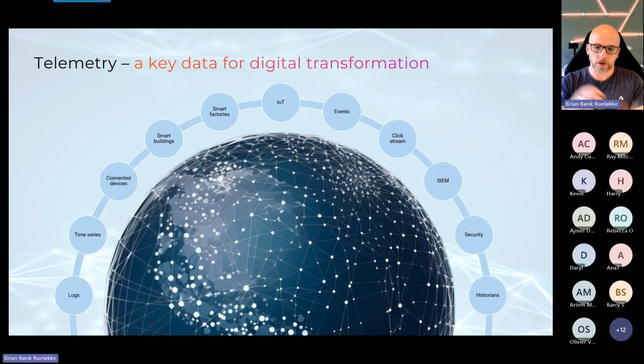Telemetry is an umbrella of words and processes and methods. I have brought some of them here: logging, time series, IoT devices, events, security, and so forth. Perhaps you know some of these words. If you are working with data and are talking about some of these words here, you might be a possible candidate for using the Kusto experience in Fabric or real-time analytics in Fabric.